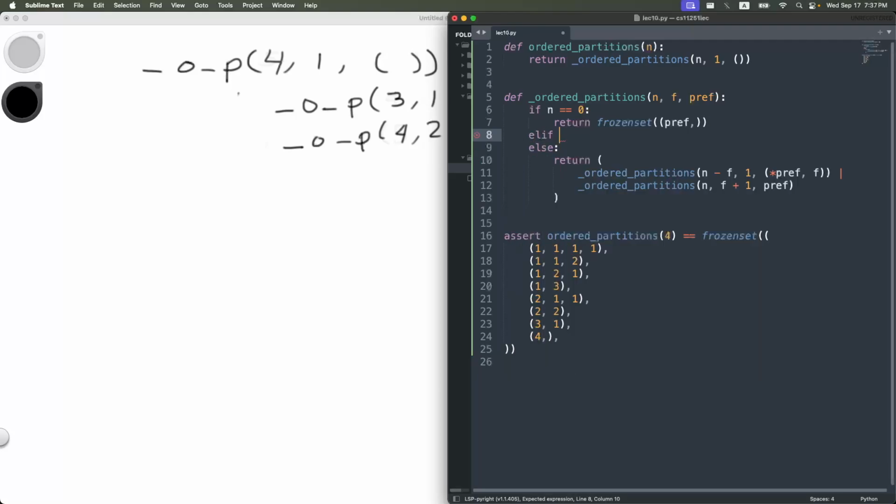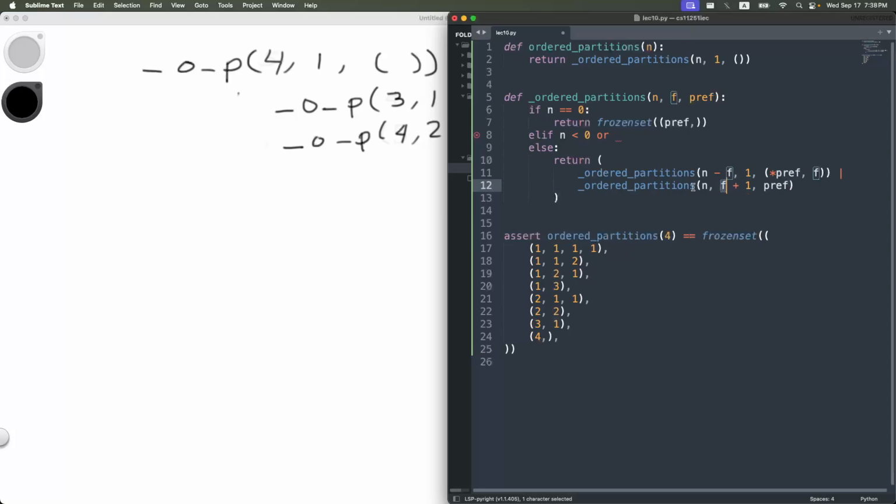Otherwise, we have to account for cases where it's impossible to find a partition. Notice here, we are subtracting from n, so it's possible that this value is negative. Okay, so if n is negative, there are no partitions to speak of. Or for this choice, we are increasing f by 1.